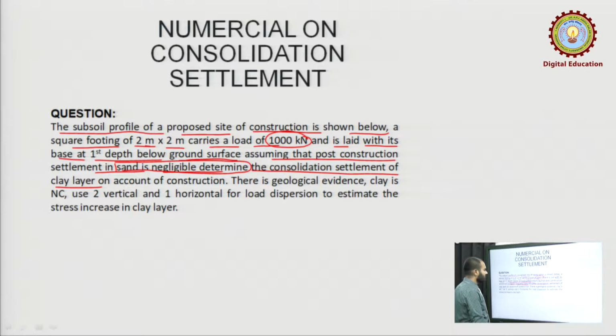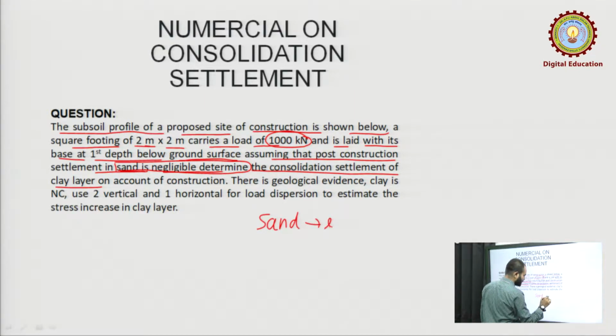Why? Because consolidation settlement cannot be considered for sand, you know already, because sand has instantaneous settlement.